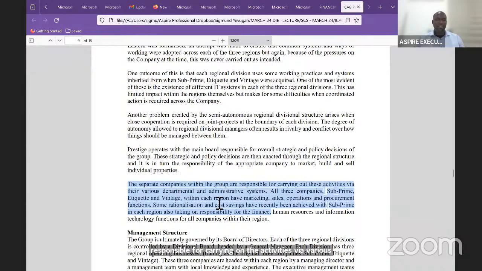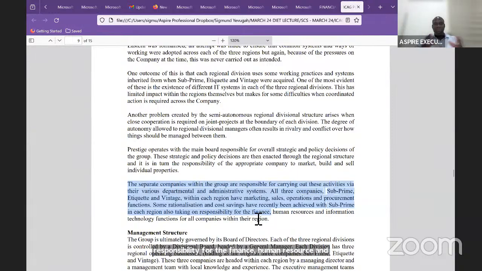All three companies within each region have their own marketing, sales, procurement, and so on. Some rationalization and cost saving have recently been achieved by SAPRAM in each region, also taking responsibility for the finance, human resource, and information technology for all the companies within the region.